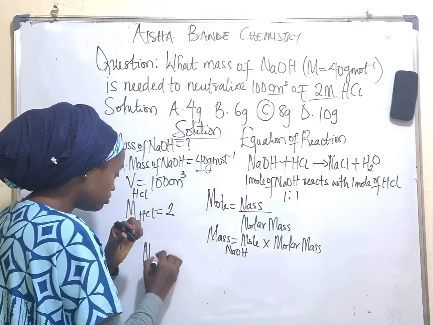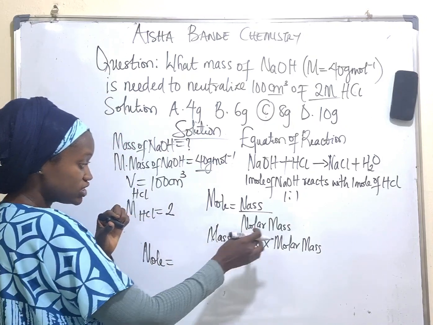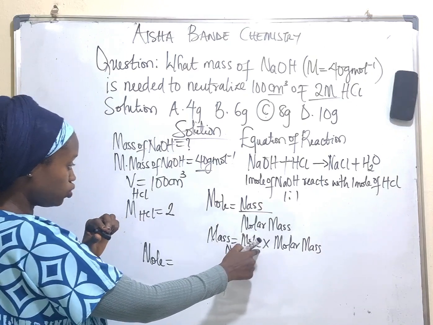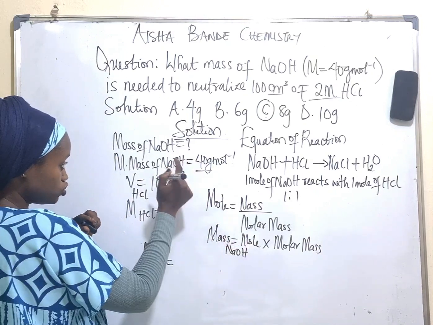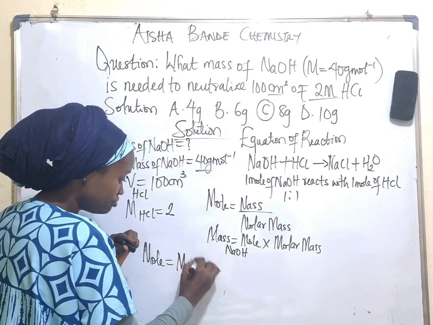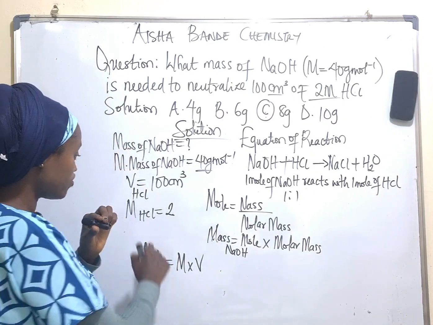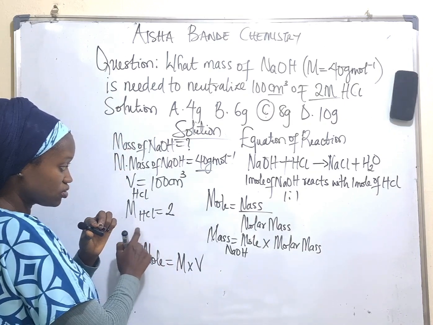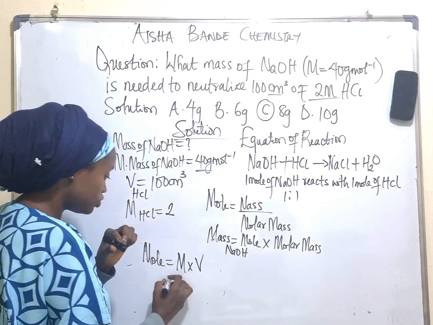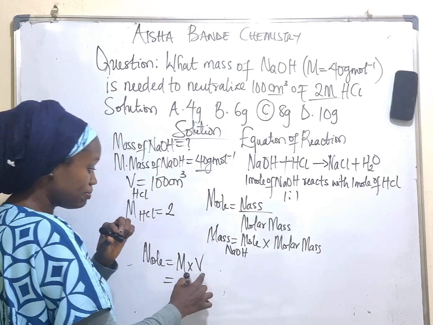For us to calculate the mole, since this is 1:1, let's calculate the mole of sodium hydroxide. The mole will be M times V, and we are given that of hydrogen chloride. So this will be equal to 2 multiplied by the volume.